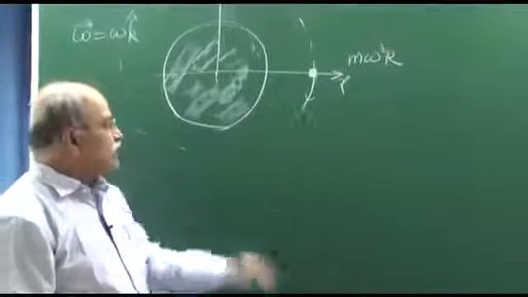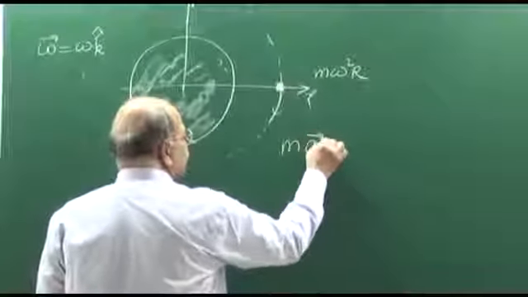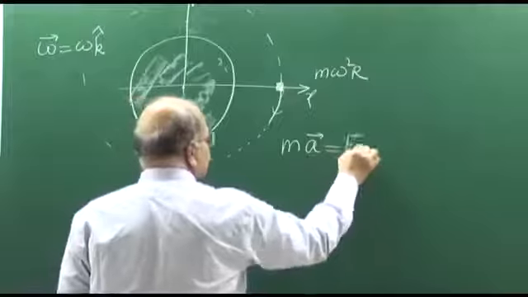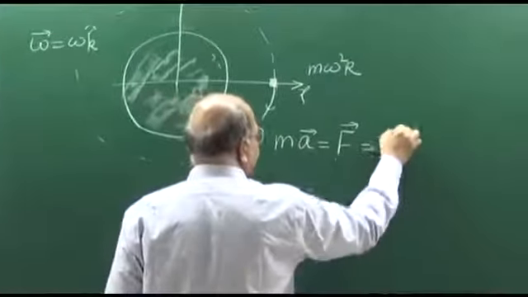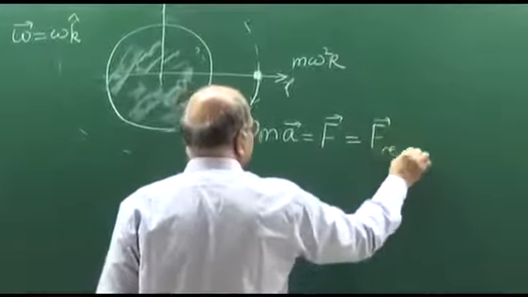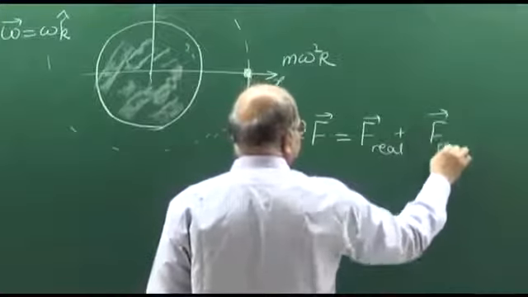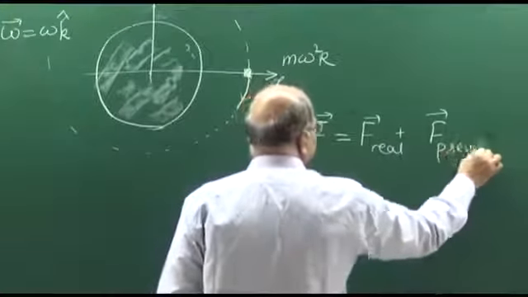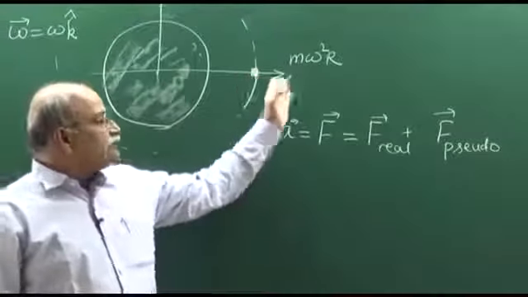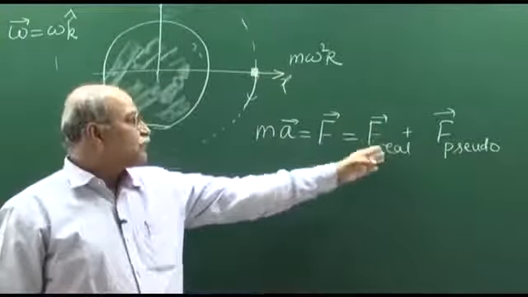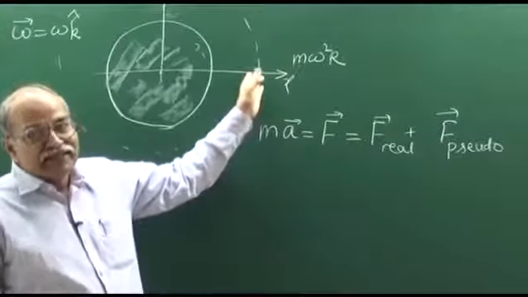So, how do I analyze it? We write mass times acceleration is equal to force, and this force we write in two parts, the actual real forces plus pseudo forces. In our case, the real forces all add to 0 because this is at rest in the lab frame which I take as inertial frame.